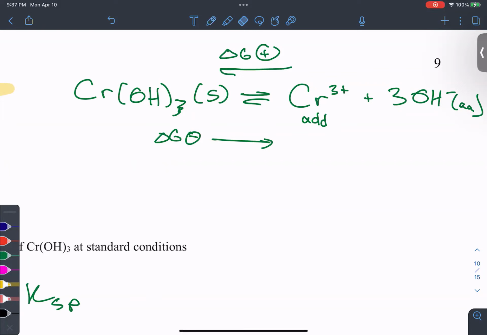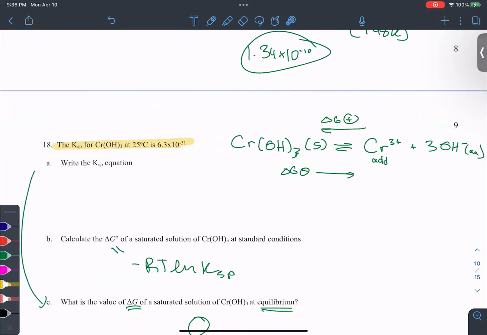So let's prove it. When we add, if we have too much product present, delta G is positive, which predicts a reaction shift to the reactant side. So you know our fun, quick and dirty way we did Le Chatelier's principle, nice and fun. Okay, it's actually delta G at non-equilibrium conditions.